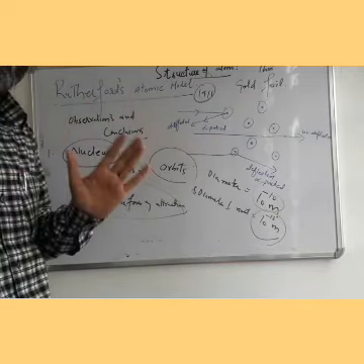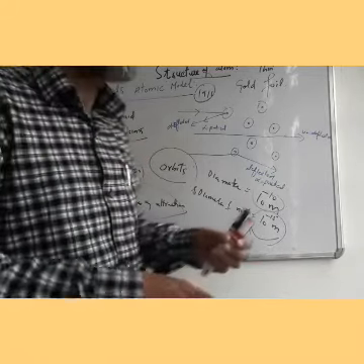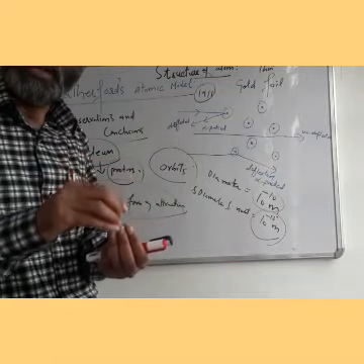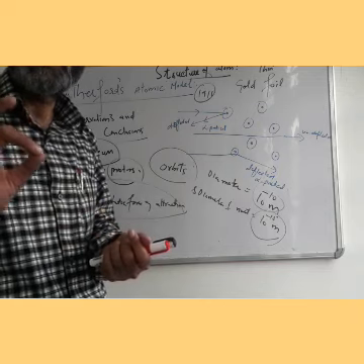The postulates of the model are: the atom contains a heavy positively charged body in the center which occupies a small volume.